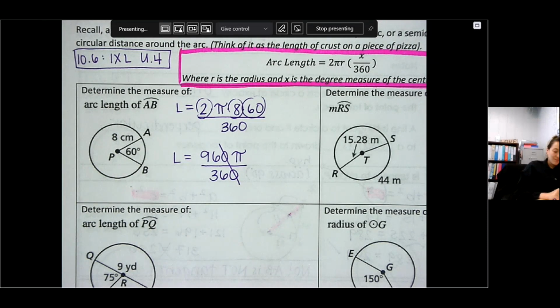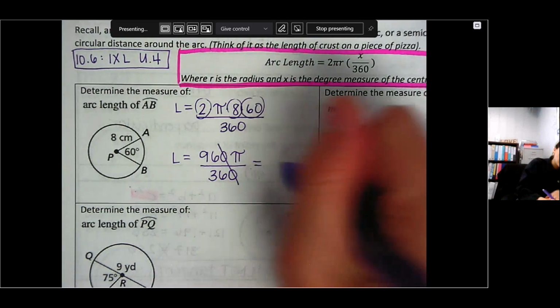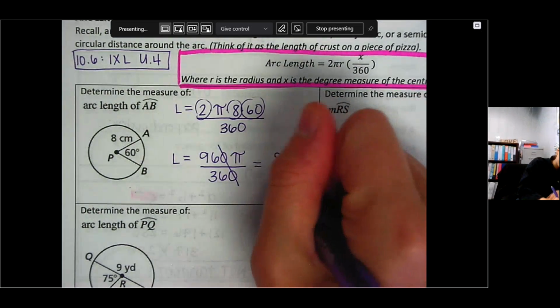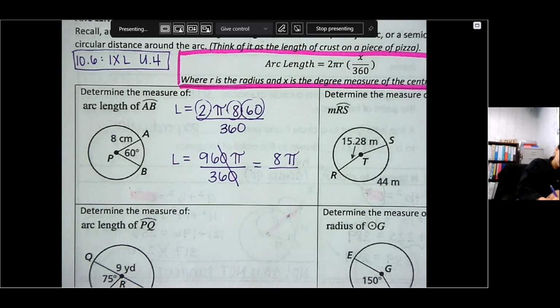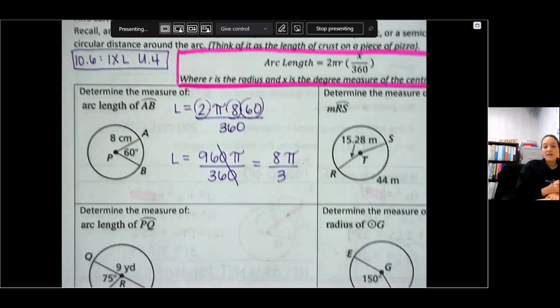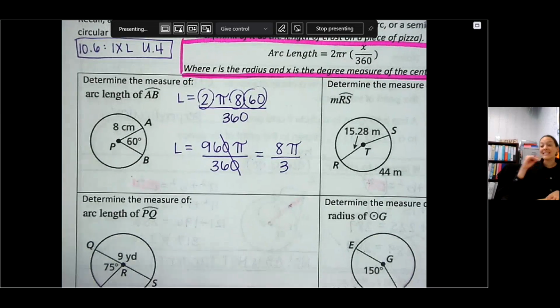You can divide them both by what? 12. If you divide them both by 12, you get 8 pi over 3. So that would be your exact answer.